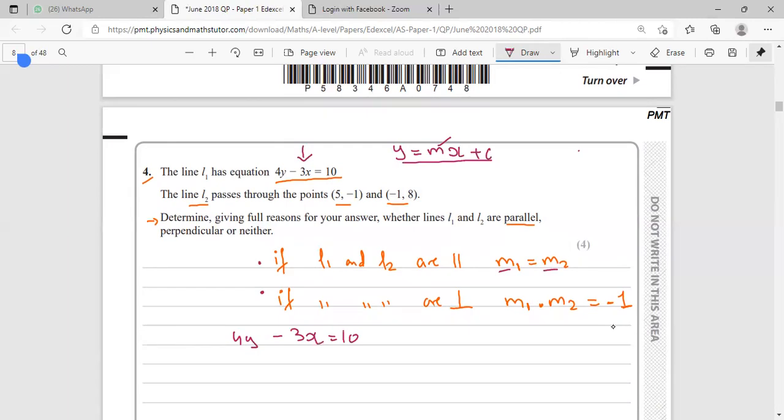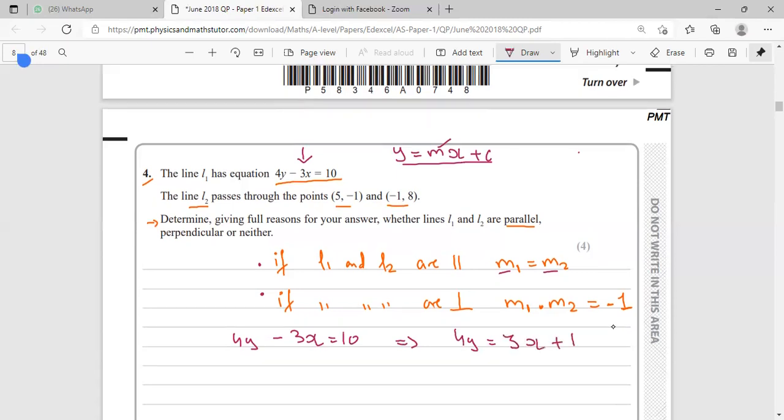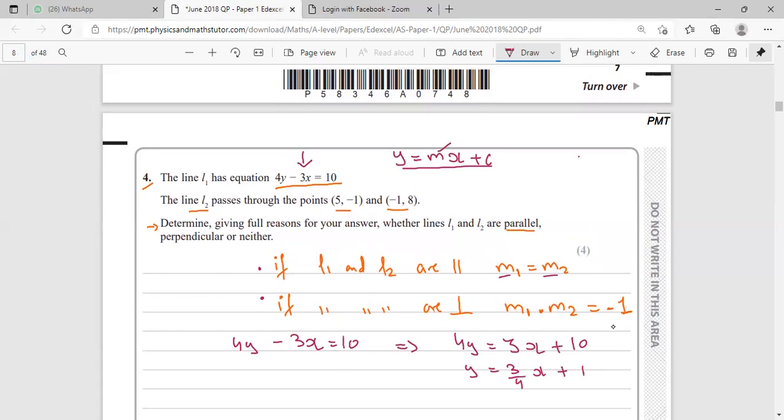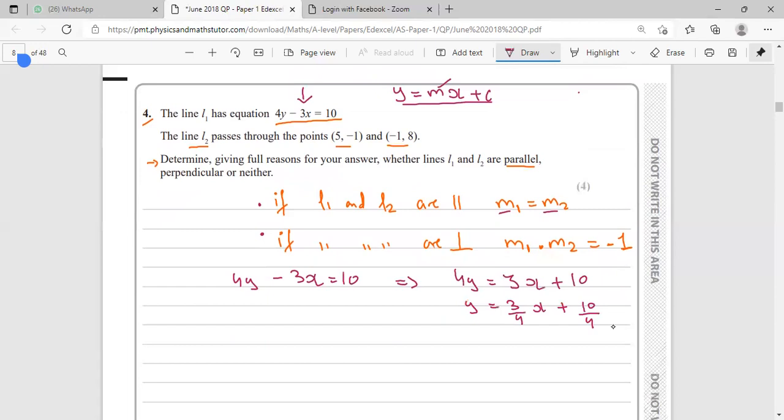So I can write it as 4y equals 3x plus 10, y equals 3 by 4 x plus 10 by 4. So what do we know now? That m1, that is the gradient of line 1, is 3 by 4. Yes? Do we know this? Yes. Yes. Okay.